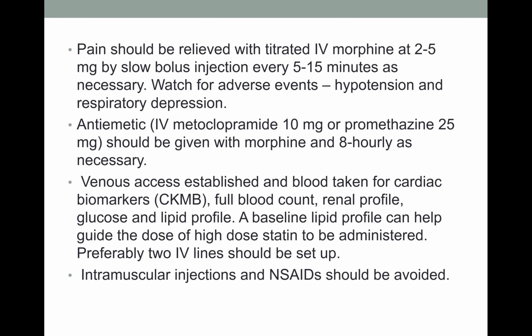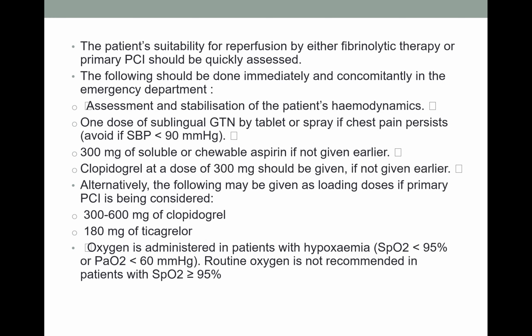Okay, and then the 4 things I mentioned just now: we give a painkiller, morphine, coupled with an antiemetic because of the side effects of morphine. Then of course we want to set preferably 2 IV lines and take your bloods, and also sublingual GTN as mentioned just now.